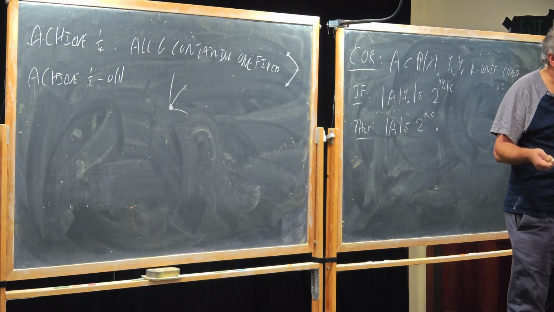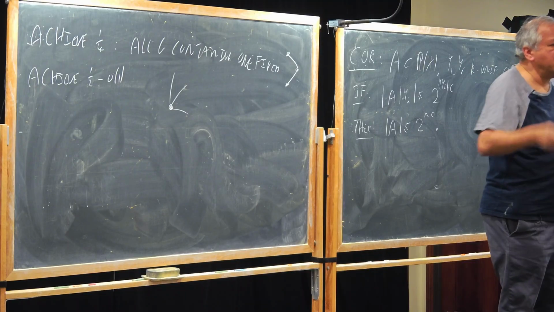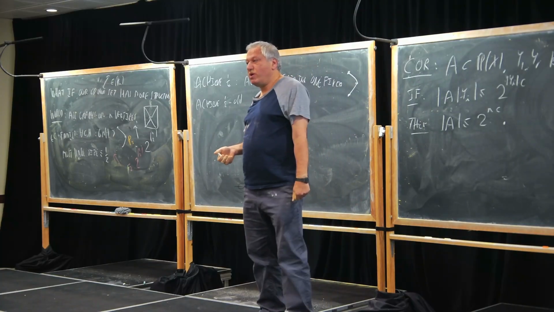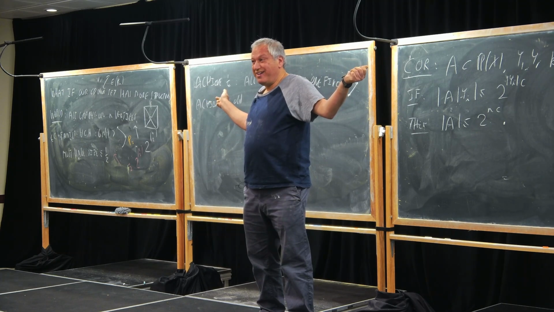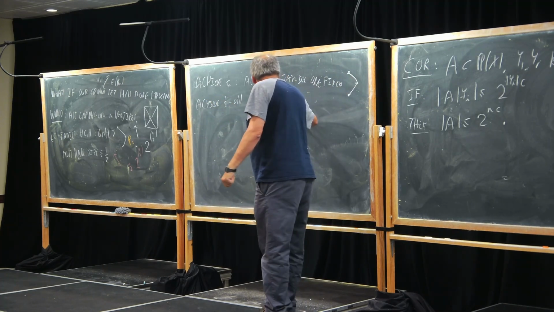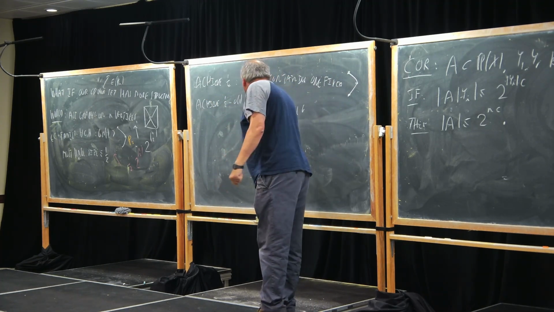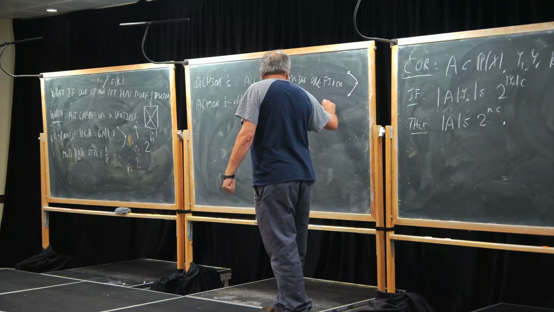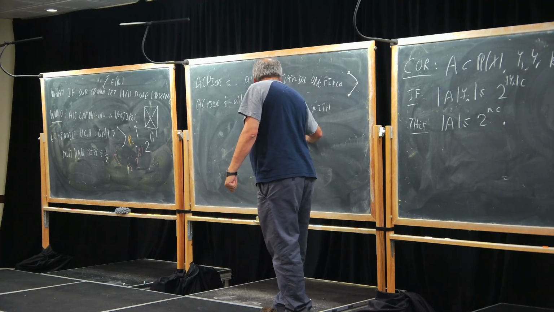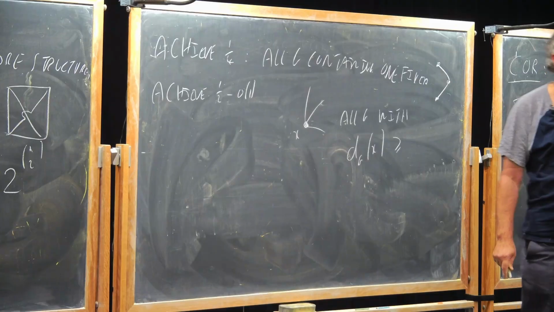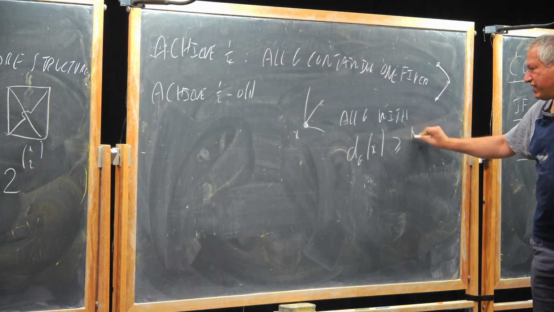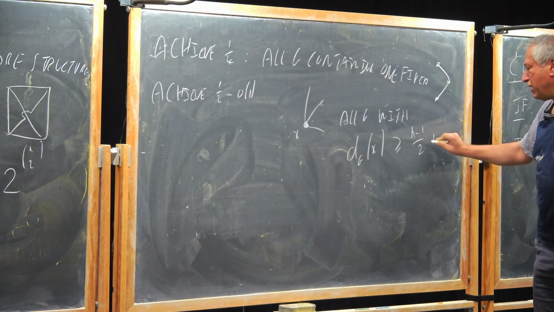If I tell you that I have 2 graphs, each of degree at least (n minus 1) over 2 plus 1, then they intersect in 2 edges there, don't they? So take all G, with x my fixed vertex, with the degree in G of x being at least, whatever it has to be, who cares what it is? Is it something like (n minus 1) over 2 plus 1?